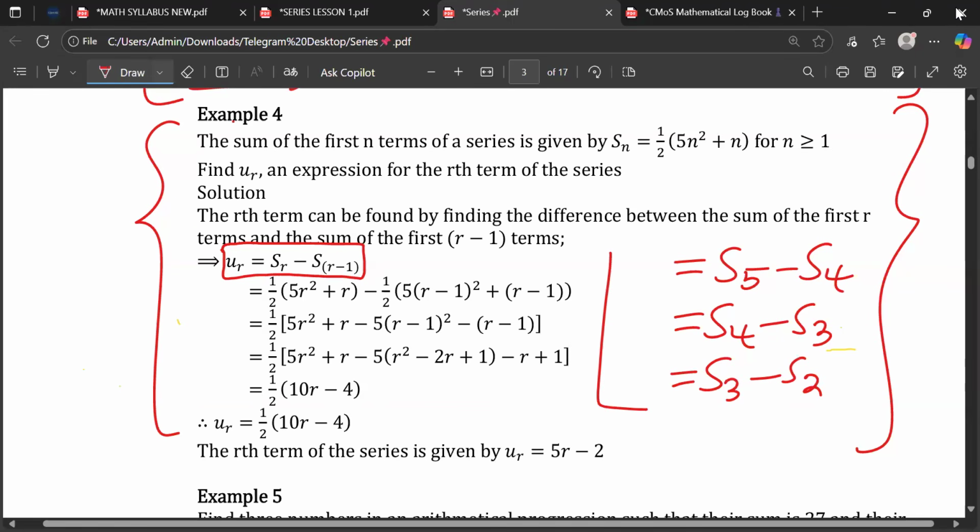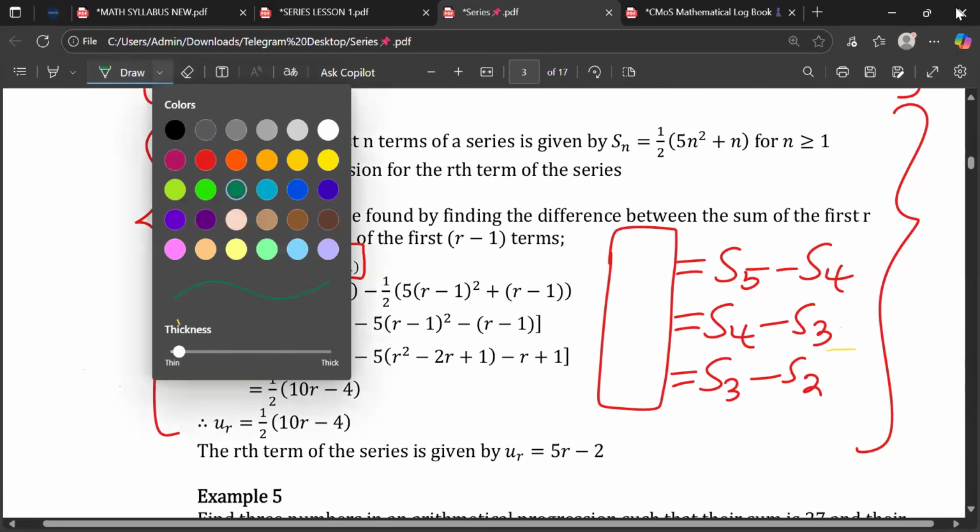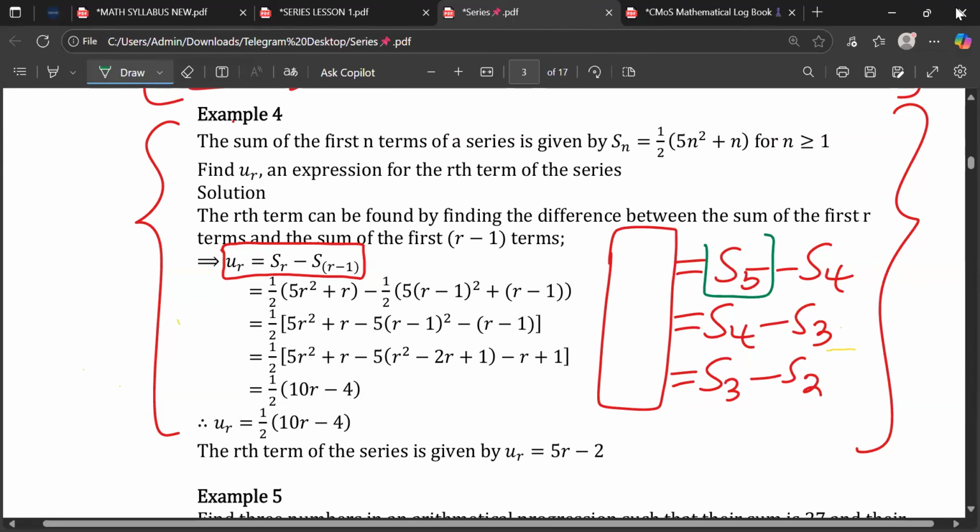When I get the sum of the first 5 terms and I remove the sum of the first 4 terms, which term do I get here? Fifth term, fourth term. Which term do I get there?